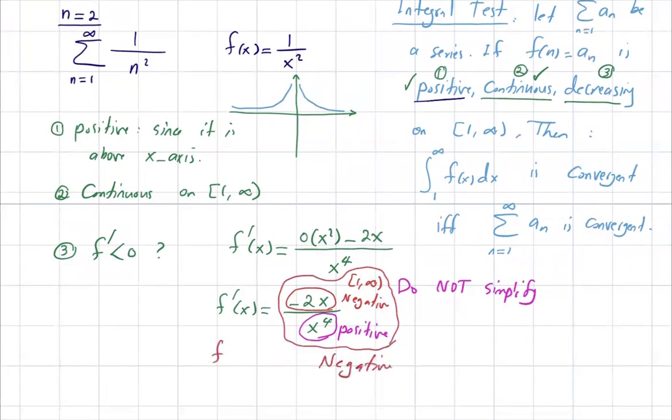Since f prime is negative, it means that the function is decreasing. All three conditions are met.